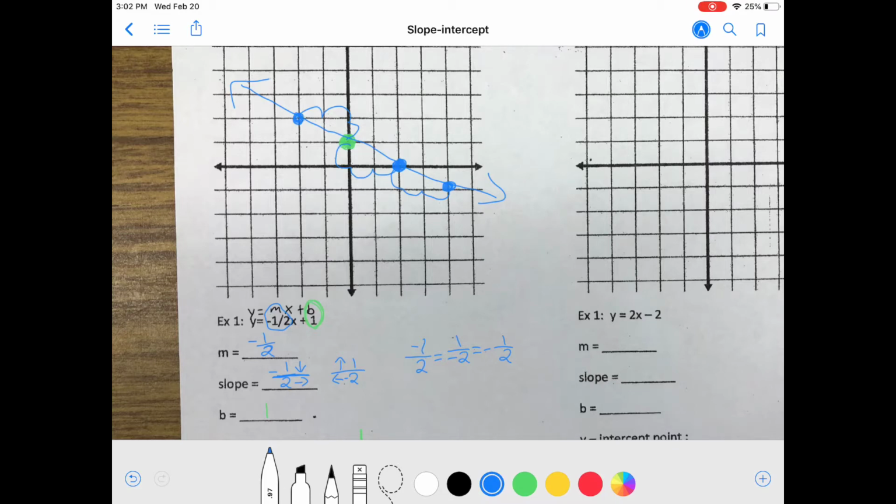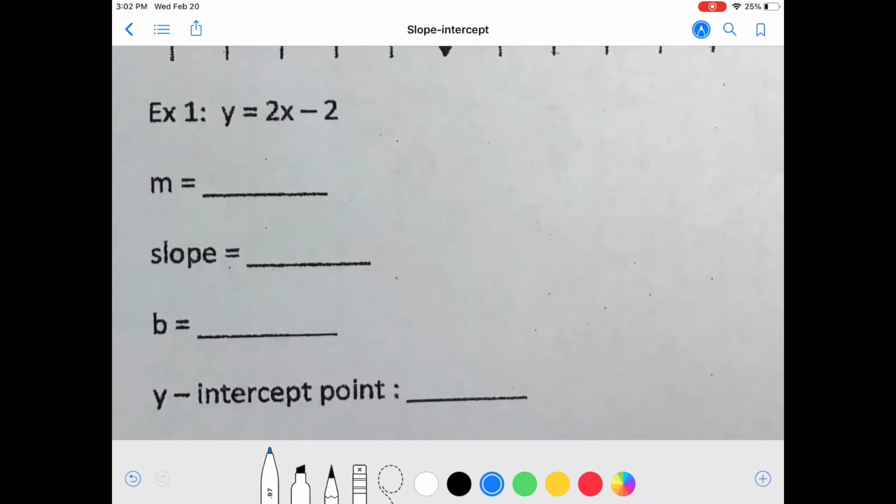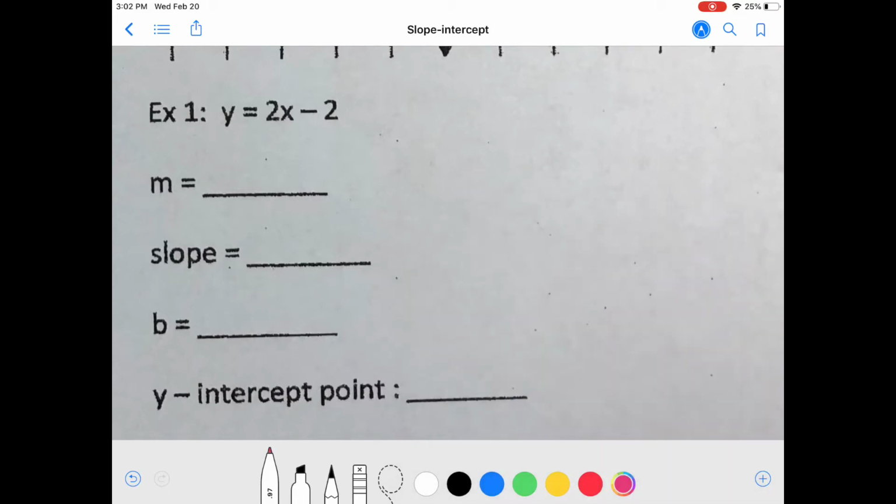Now, going on to the next example. We have our y equals mx plus b. We have our m, which is 2.